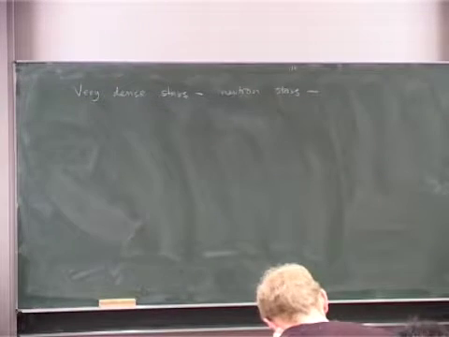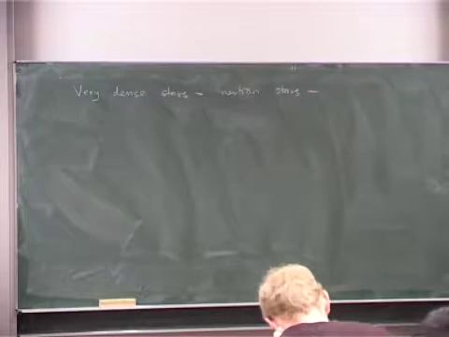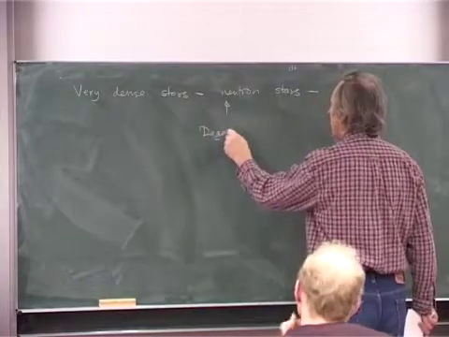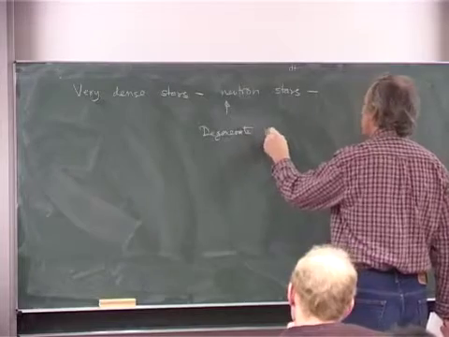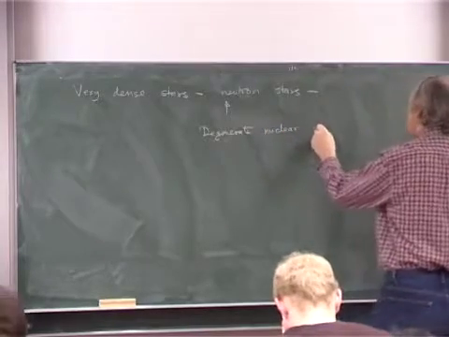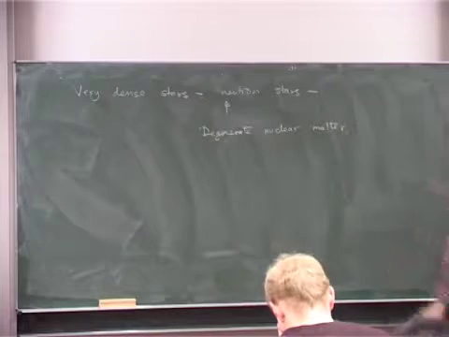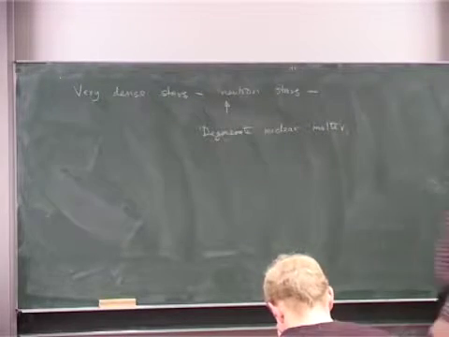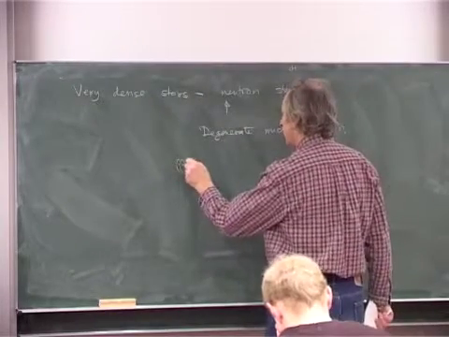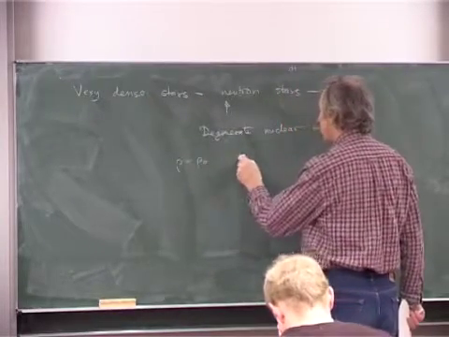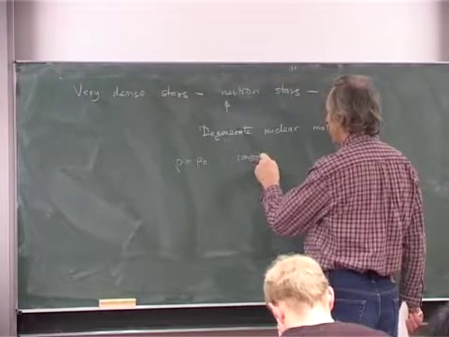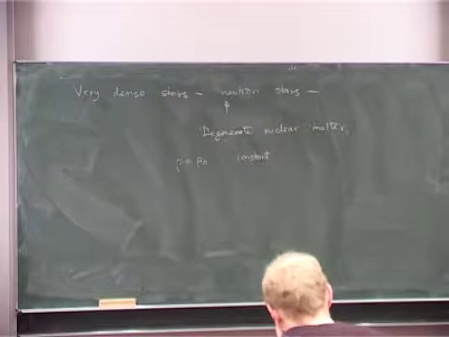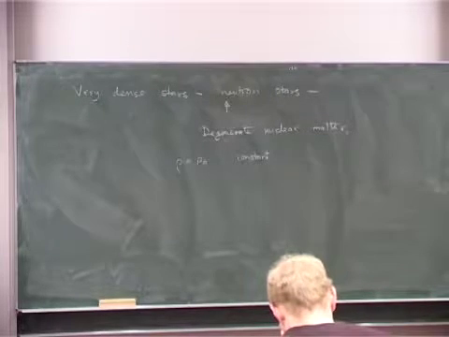It can be thought of as being composed of degenerate nuclear matter, and to a first approximation, the equation of state of such things is energy density equals a constant. And the pressure is whatever you like. Another way of saying that is that nuclear matter is absolutely incompressible.